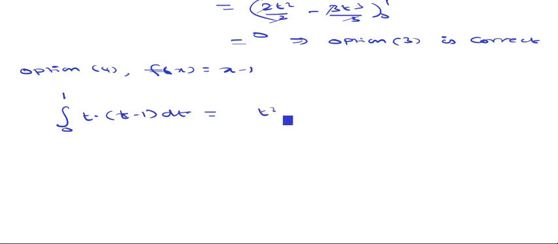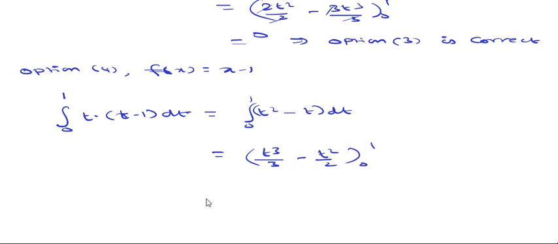So this is equal to integral of t square minus t, 0 to 1 dt. So t cube by 3 minus t square by 2, with the limit 0 to 1. So 1 by 3 minus 1 by 2, which is not equal to 0. So this implies option 4 is incorrect.